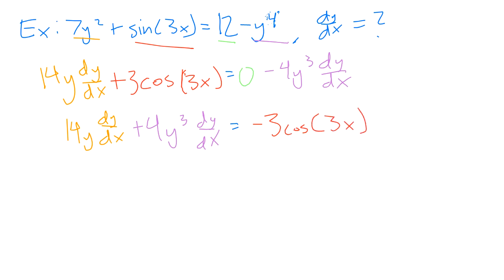From here, we can pull out our dy over dx, which is going to give us dy over dx times 14y plus 4y cubed is equal to our negative 3 cosine of 3x.